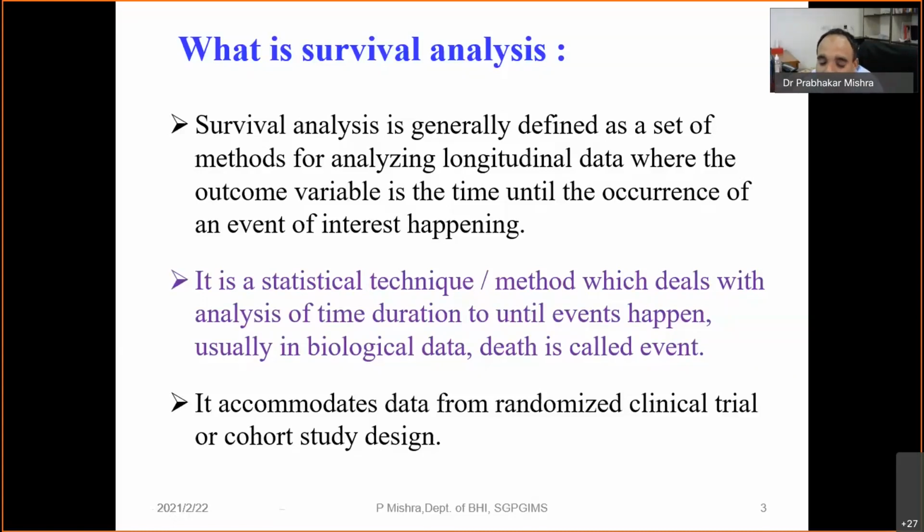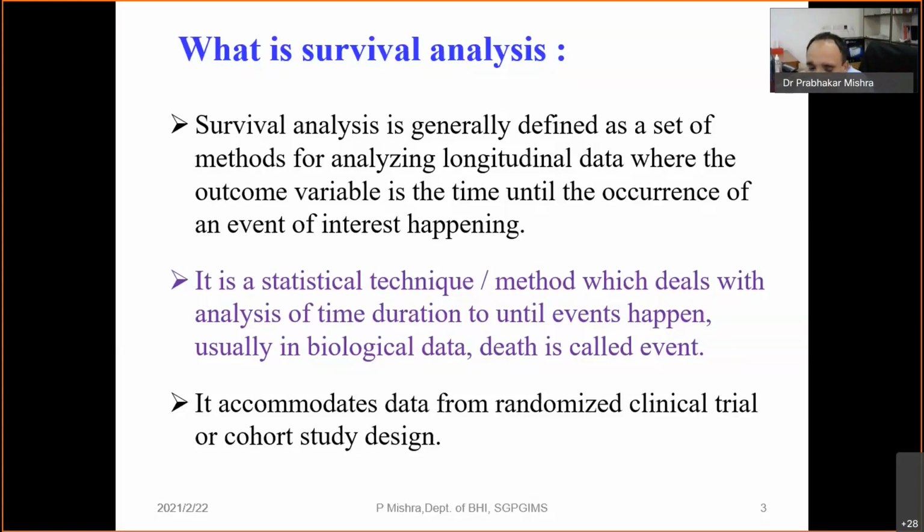Cohort study design means that in one group we take persons with a particular risk factor present and in another group the risk factor absent, and we follow such persons over a longer period of time to observe the development of the disease or death, meaning any particular outcome.